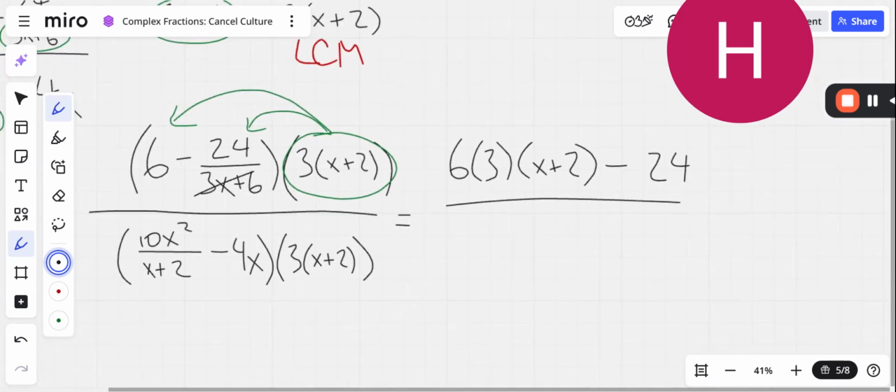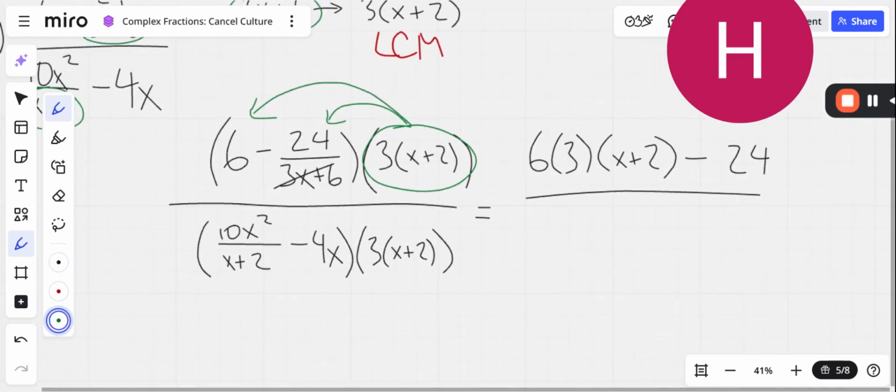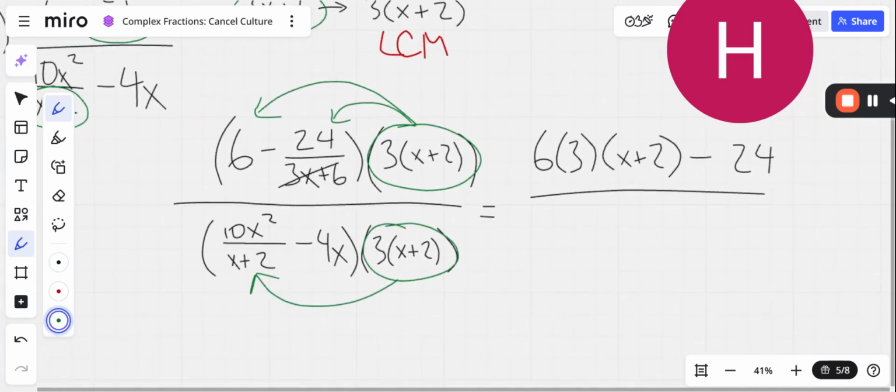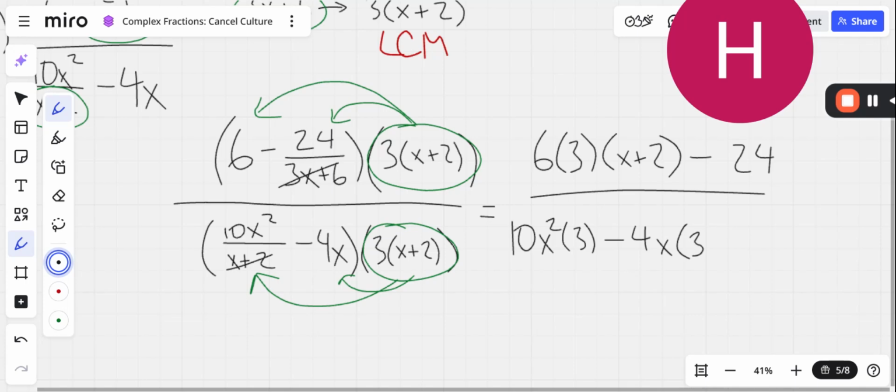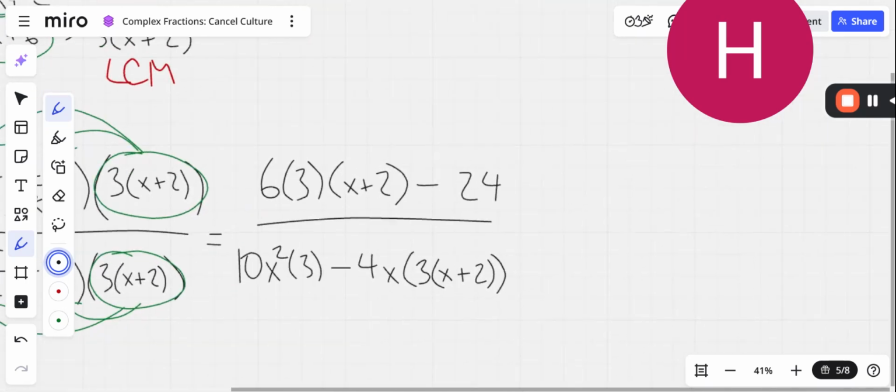And on the bottom, when we multiply this with the distributive property, the x plus 2 is going to cancel, but we're still left with a 3. So this is going to be 10x squared still times 3 and minus 4x times the whole thing, 3 times x plus 2.